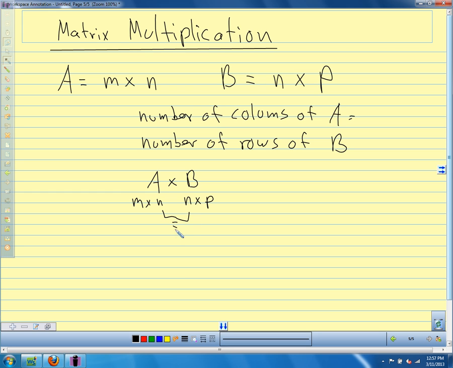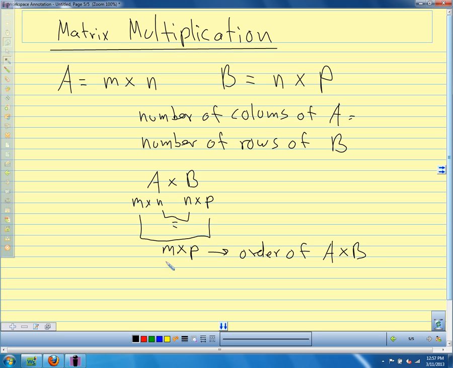These have to be equal, and m by p is the order of A times B. So in order to multiply two matrices, these two numbers have to be equal. The number of columns in A has to equal the number of rows in B, and the order of the new matrix is m by p.